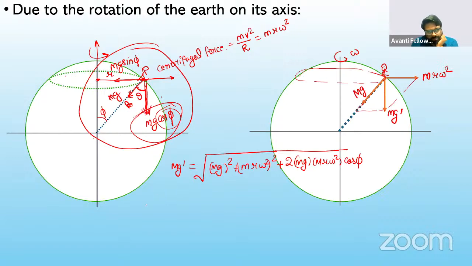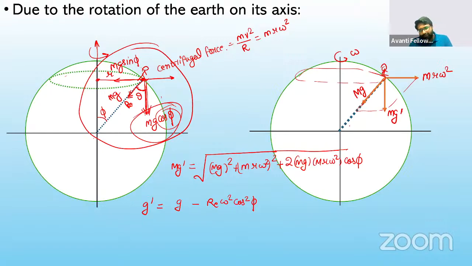So from here, if you solve it down, g dash is coming out as g square plus r omega square... g dash is coming out as g into r omega square cos square phi.